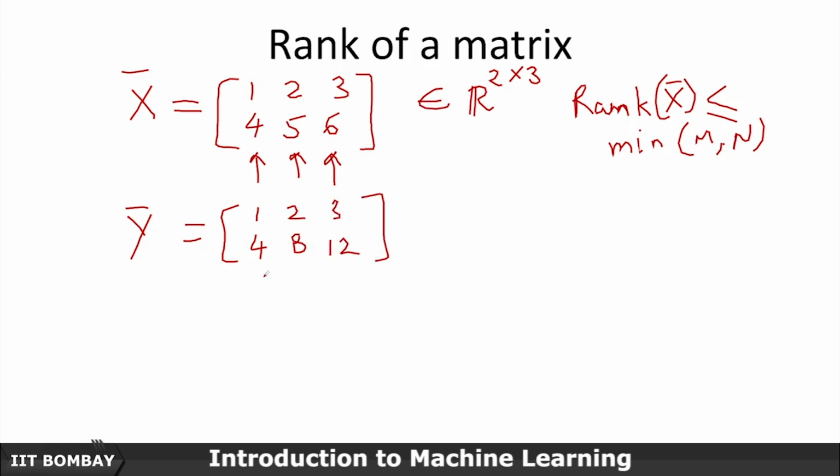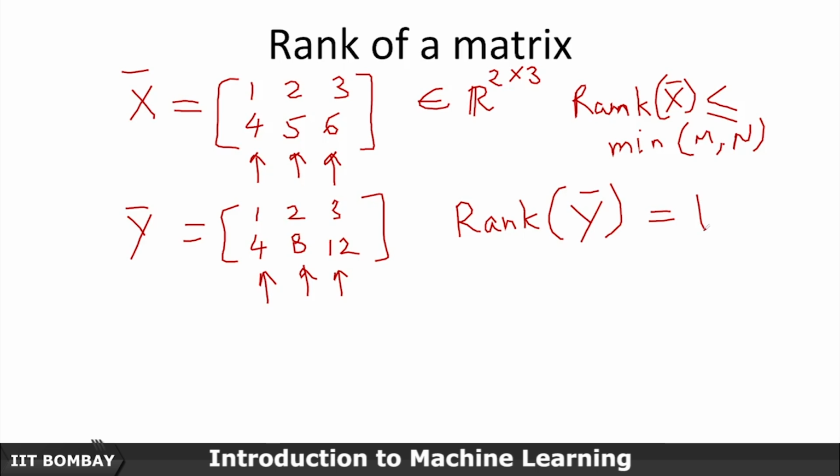So, here just a single column, if we multiply it with some scalar, I can get the second column, I can get the third column by multiplying it with another scalar. So, here the rank is going to be 1. There is only one independent row or column. Okay, so, this is the less than condition in that less than or equal to that you saw above.